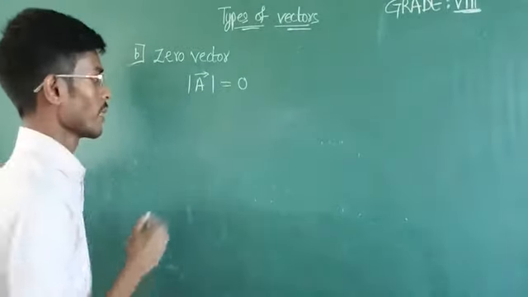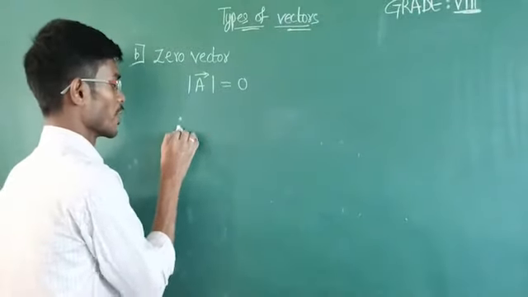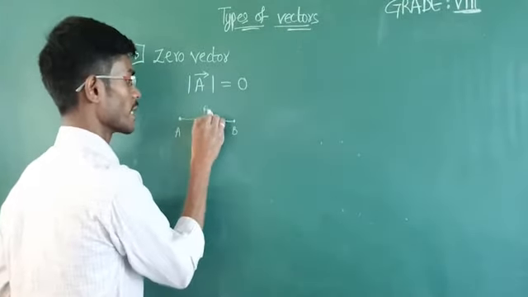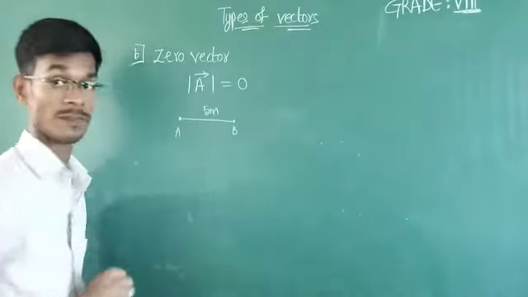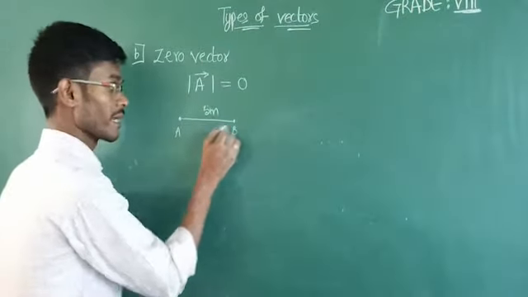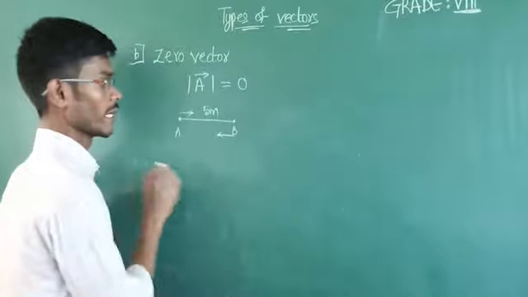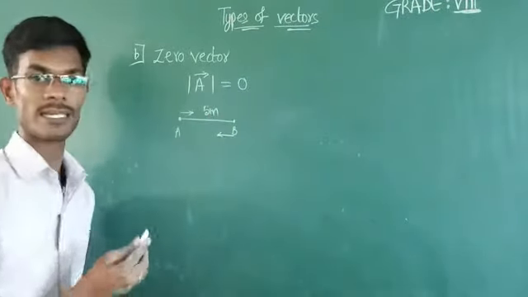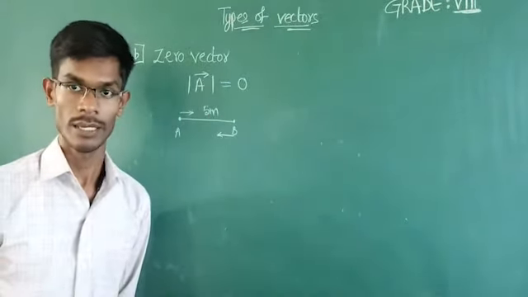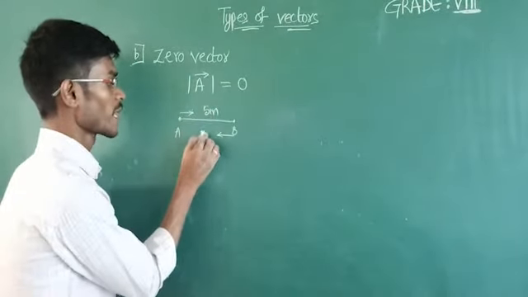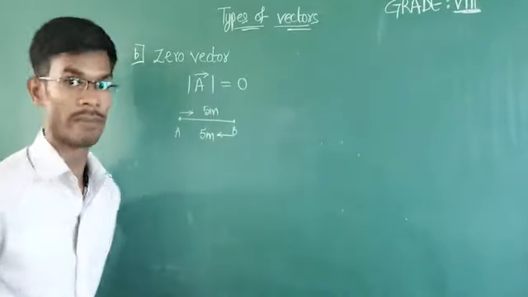Consider a person traveling from A to B who has covered a distance of 5 meters, and again the same person travels from B to A, covering the same 5 meters in return. Then the total distance covered is 5 plus 5, that is 10 meters.